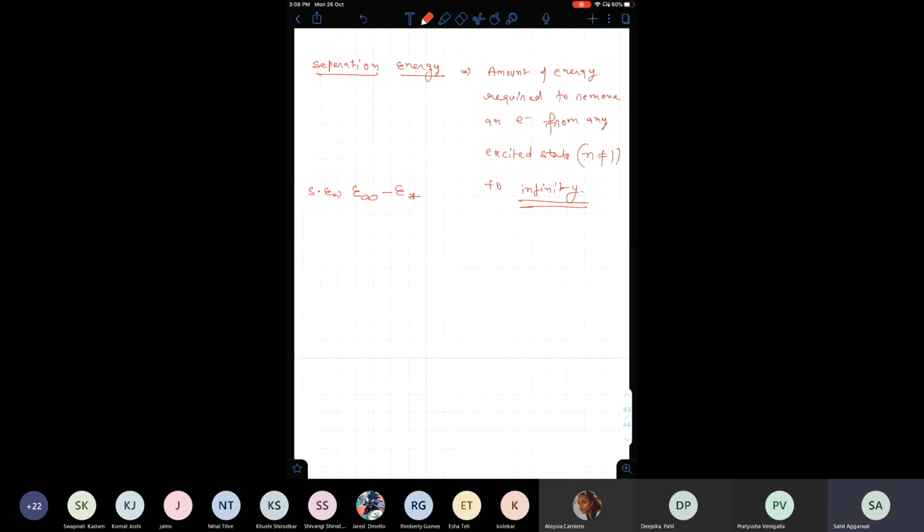Okay, so minus 13.6 electron volt upon infinity square into z square, minus minus 13.6 electron volt into z square upon n square. We do not know which n they are talking about, but yes, this will definitely become 0. So 0 minus something which is negative will make it positive.